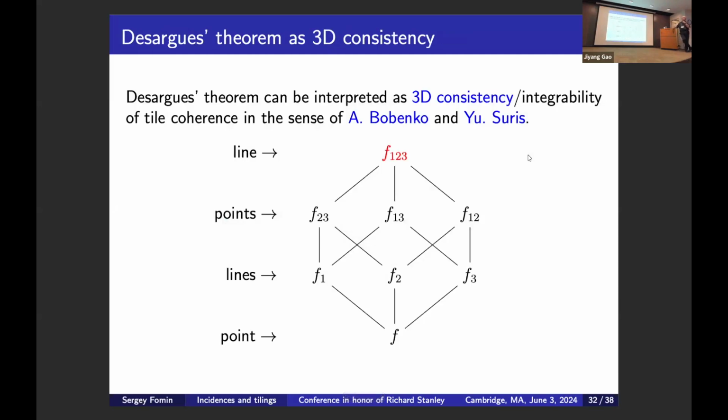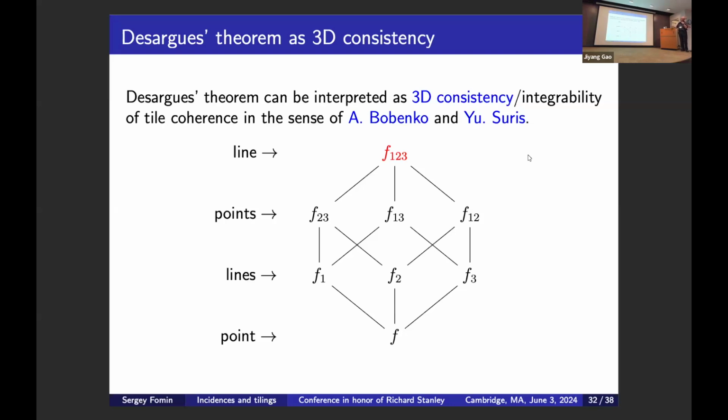Okay, so another connection, which I will very briefly outline, is with discrete integrable systems. There is this doctrine by Bobenko and Suris that discrete integrability corresponds to 3 or 4-dimensional consistency of discrete dynamical systems.